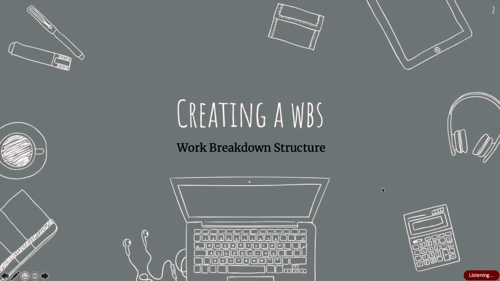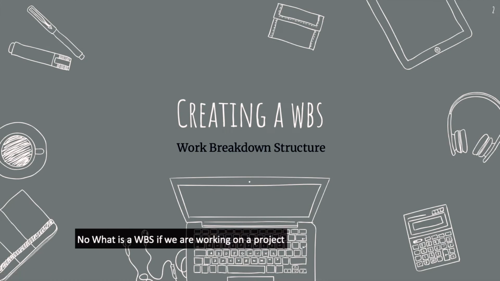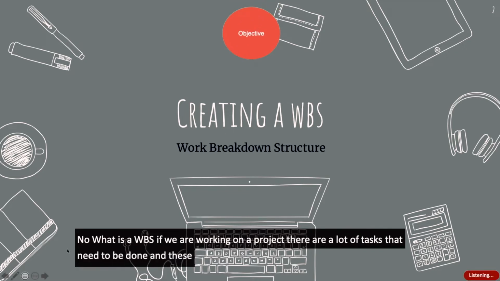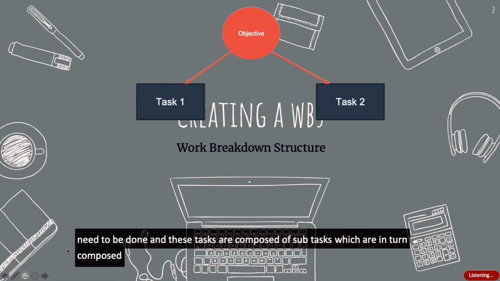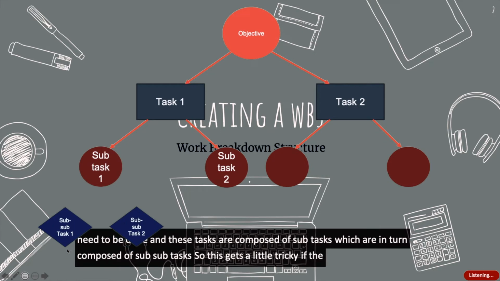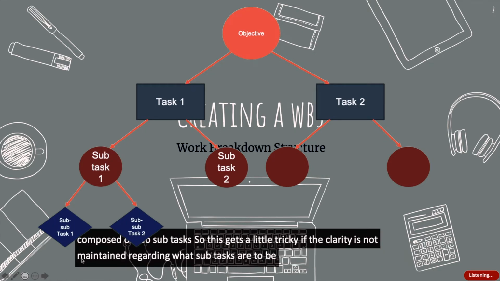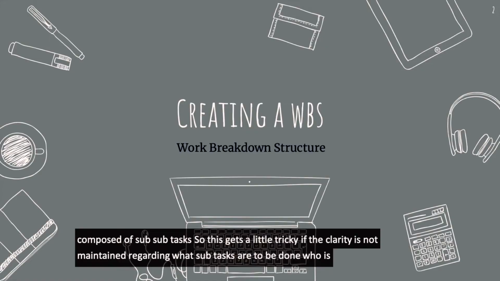Now, what is a WBS? If we are working on a project, there are a lot of tasks that need to be done, and these tasks are composed of subtasks, which are in turn composed of subtasks. This gets a little tricky if the clarity is not maintained regarding what subtasks are to be done, who is responsible for what, and so forth.